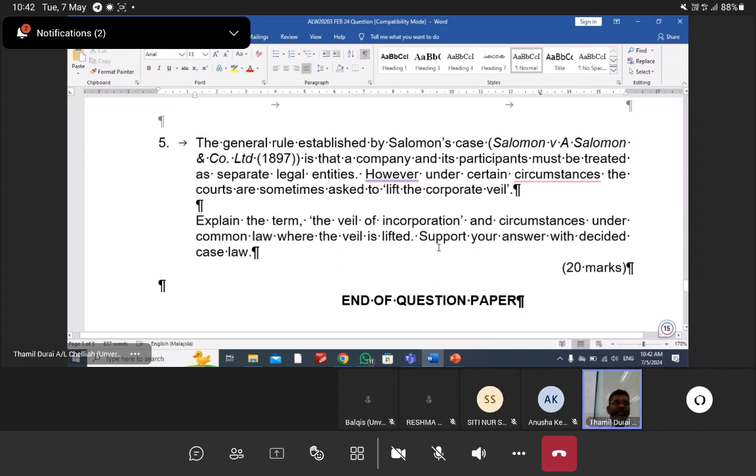Lifting of the veil of incorporation. Here, I'm not asking statutory. I already say so because you can see this term here, say common law.